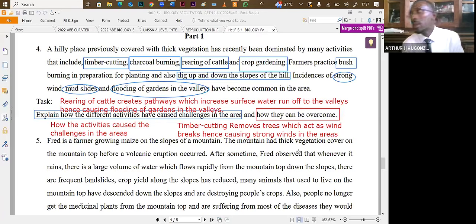Now, for me, which points do I need to talk about here? So I want to explain how the challenges can be overcome. Before I explain, I will first ask myself, what are these challenges that we are overcoming?